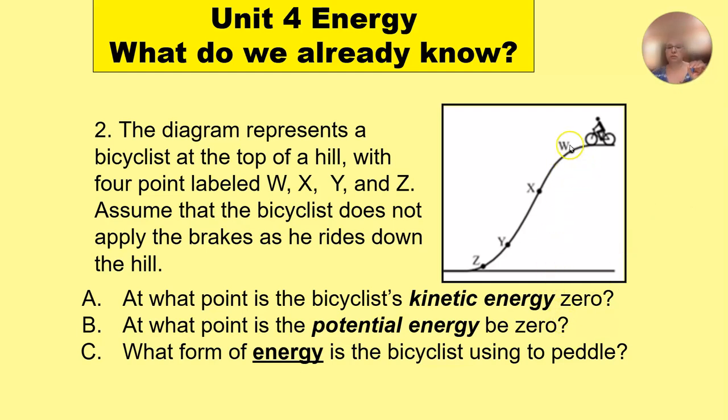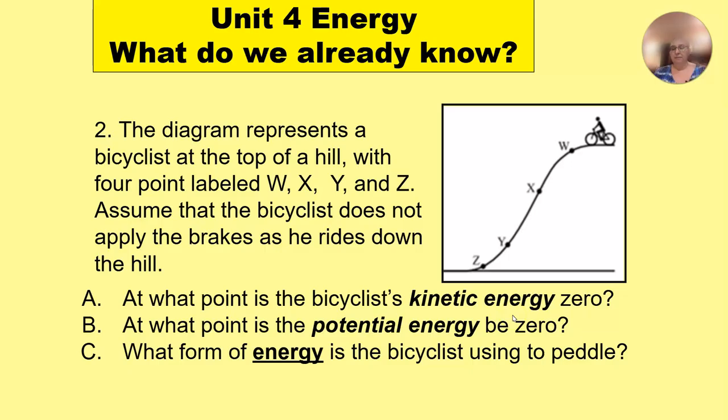Up here at W, we have our zero kinetic energy, they aren't actually doing anything yet, then down here at point Z would be where the opposite's true. All of their energy has gone into doing something, where they have no more energy that can potentially do something or that could become something.